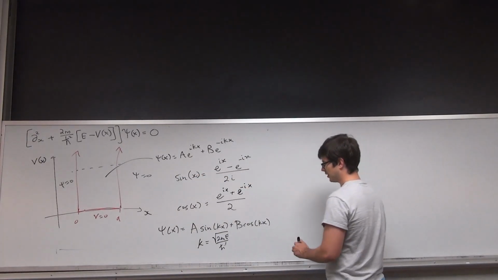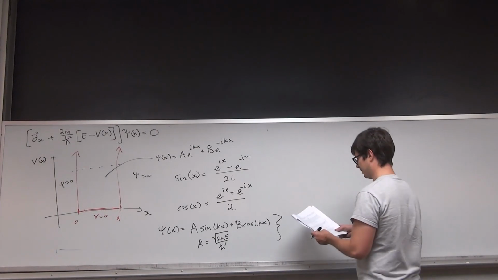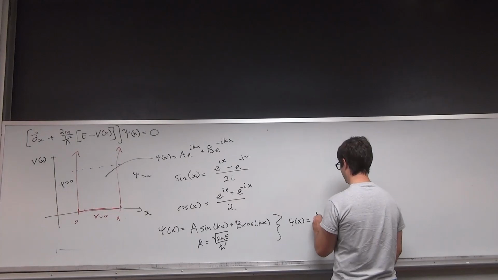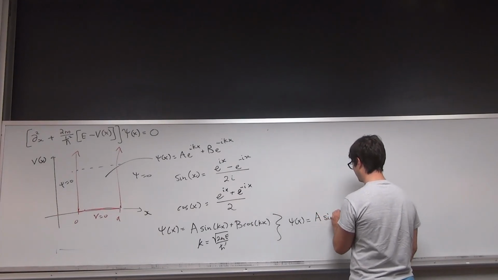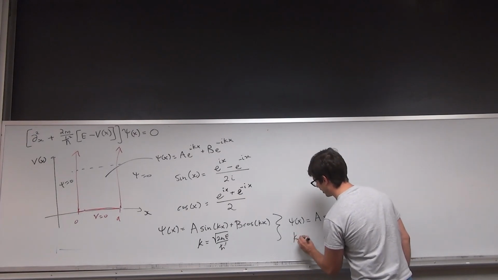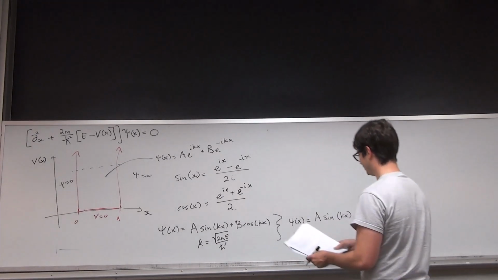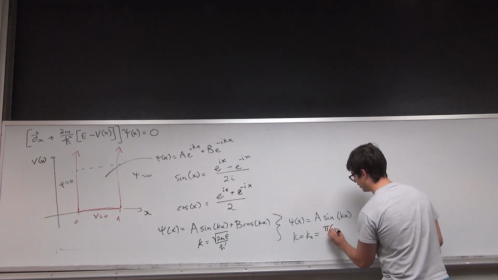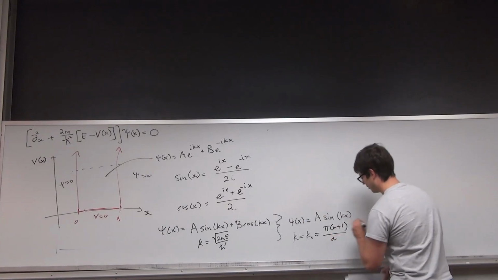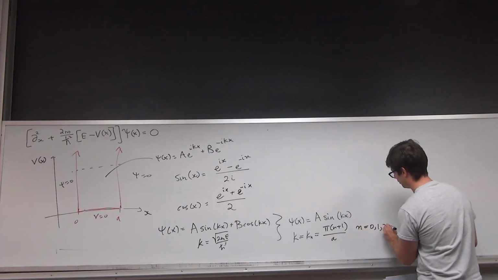And so the solution to this, using the boundary conditions, is given by psi of x equal to A sine of kx, where k can only take on certain values that are given by pi (n plus 1) over a, where n is 0, 1, 2, and so on.